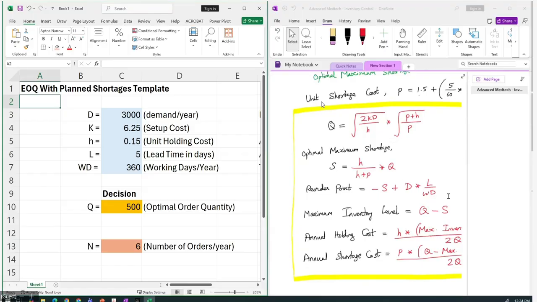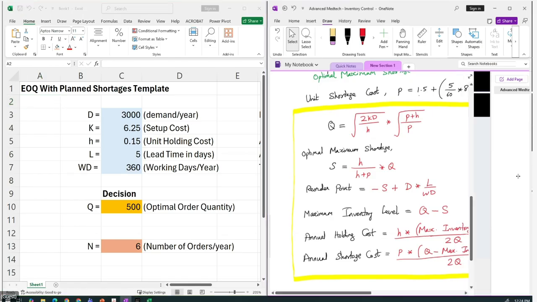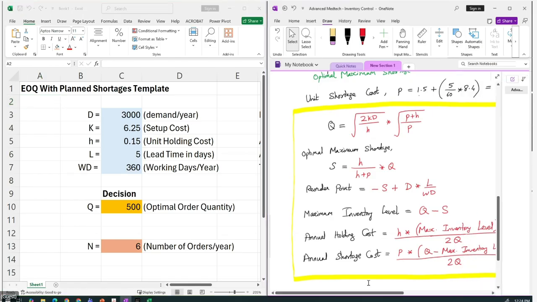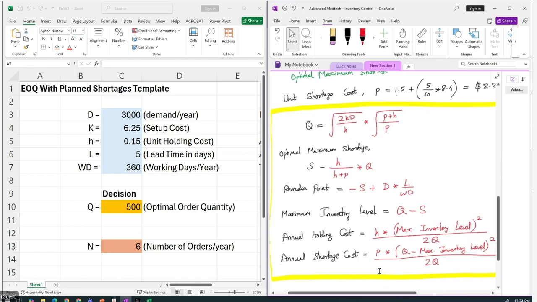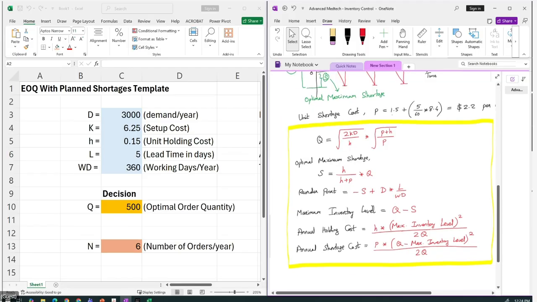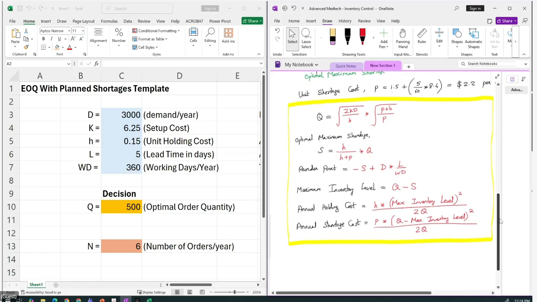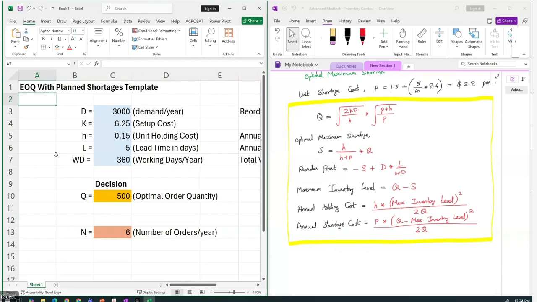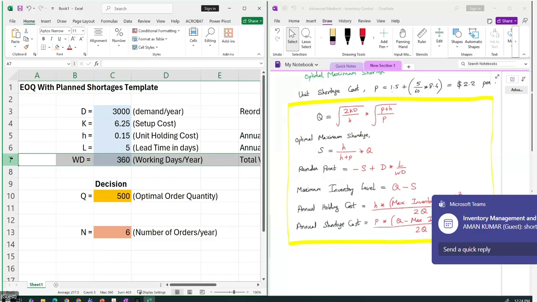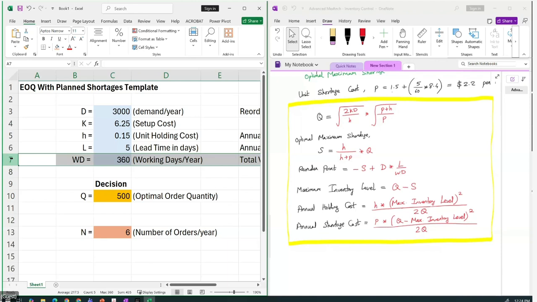Now compared to the previous scenario, what is getting added here? Compared to the existing template. Yeah, lead time is there. Fine. What else? There is the shortage cost. So what I will do is you can see here, row number 7.